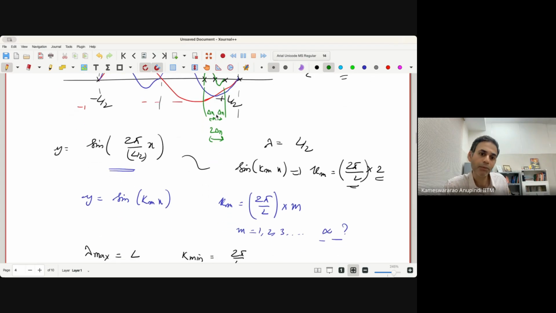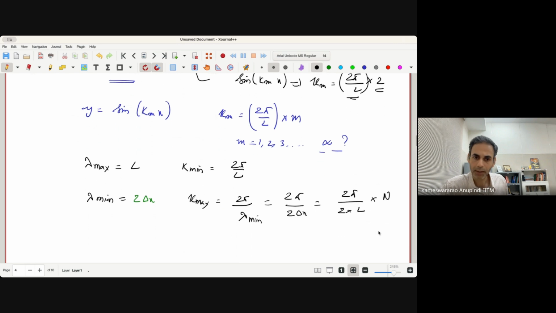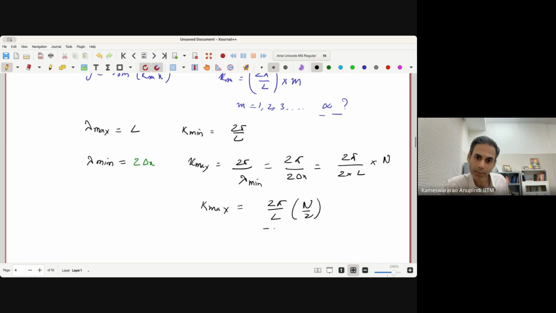So the minimum wavelength I can have is 2 delta x, which gives me the maximum wave number 2 pi by lambda min, equals 2 pi by 2 delta x, where delta x is L over n. Then I can write this as k max equals 2 pi by L times n over 2. So the maximum wave number I can have is only n by 2, right?